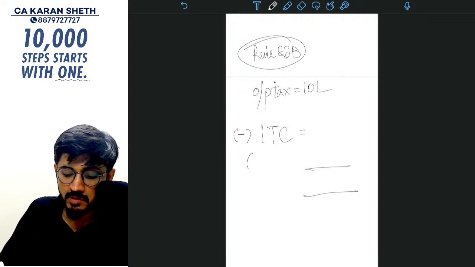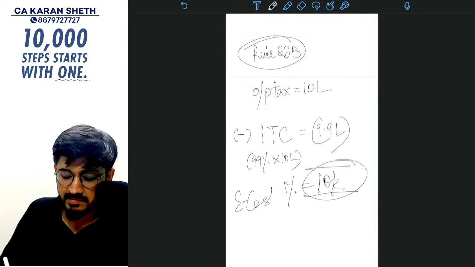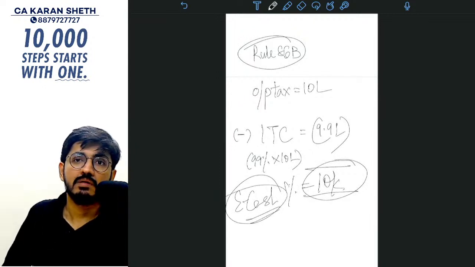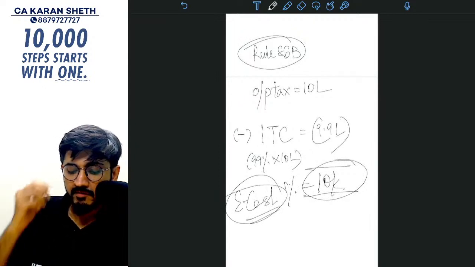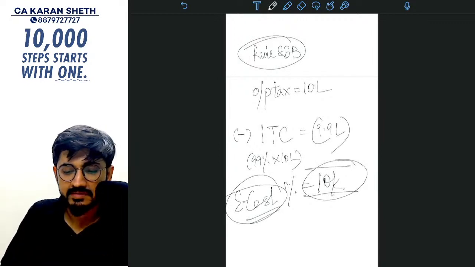You can use only 99% of ITC, to the extent of output tax, and ensure that you at least pay 1% in e-cash ledger. Is that very clear, my dear friends?